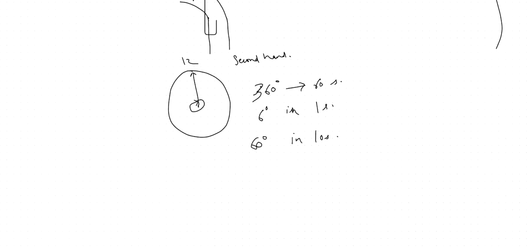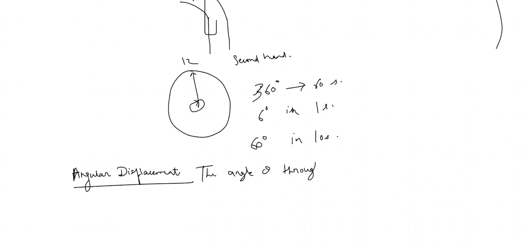So there is a new term, angular displacement. And how do we define this angular displacement? It is defined as the angle theta through which the object has moved.